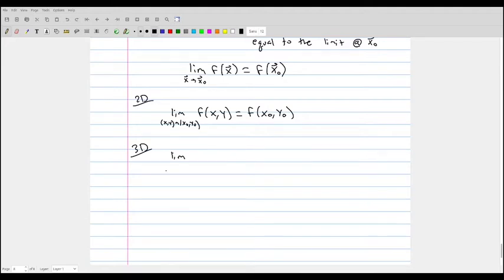You say that the limit as xyz goes to x naught y naught z naught of f of xyz is equal to f of x naught y naught z naught.